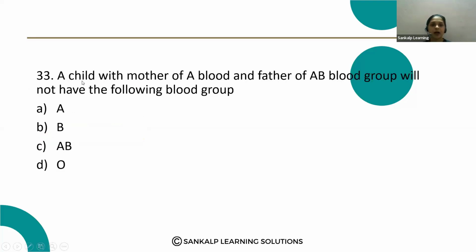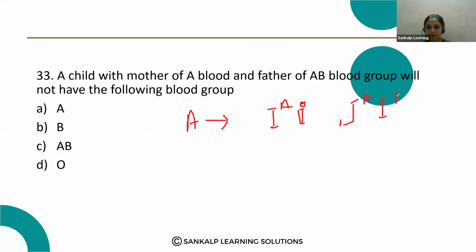Next question. A child with a mother of A blood group and a father of AB blood group will not have the following blood group. The mother has the A blood group, but we don't know the genotype. It may be IA i, or it may be IA IA.